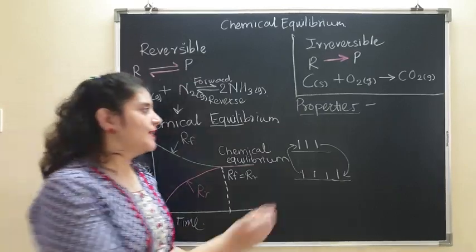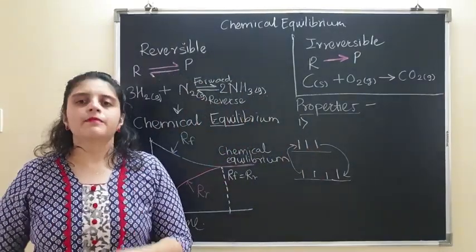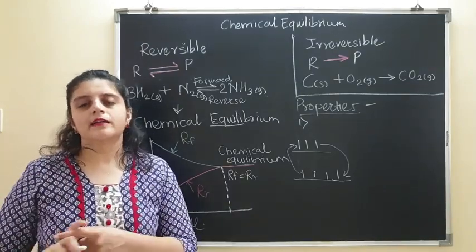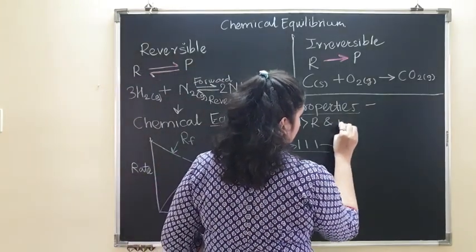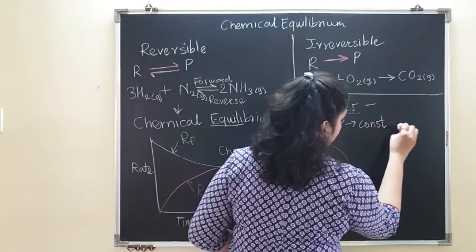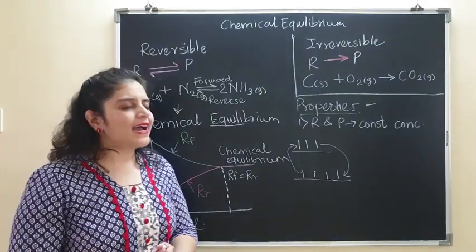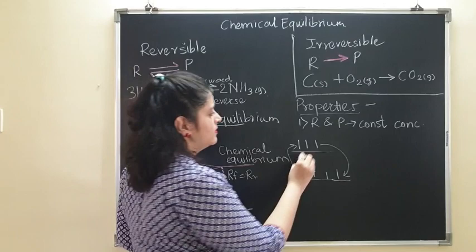So the first property is, at chemical equilibrium, reactants and products will attain constant concentration. And we call that concentration the equilibrium concentrations.